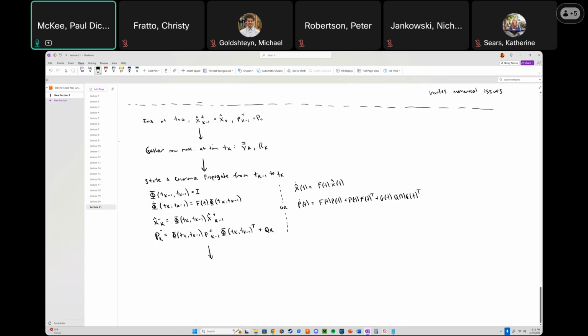Then you've got state and covariance update at time tk. Okay. This is going to have 4 steps, so we'll enumerate these.